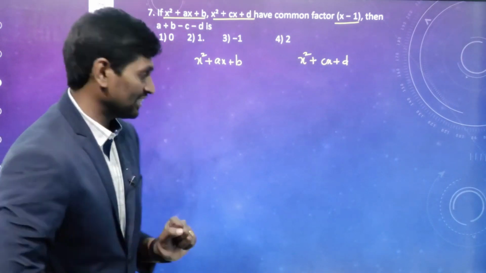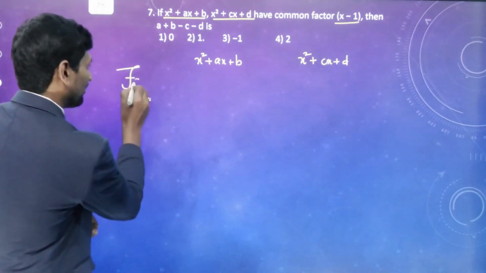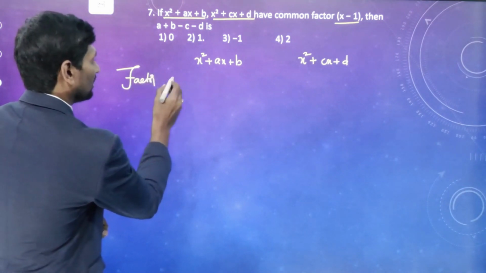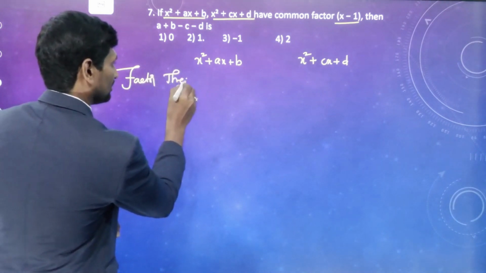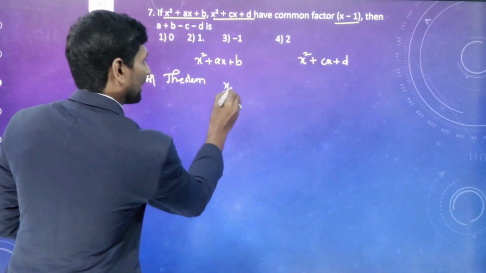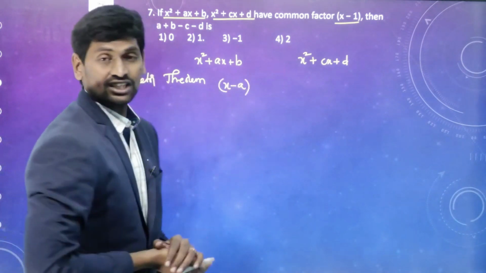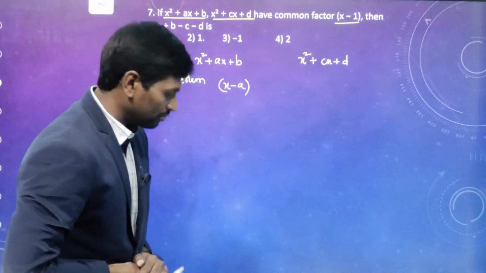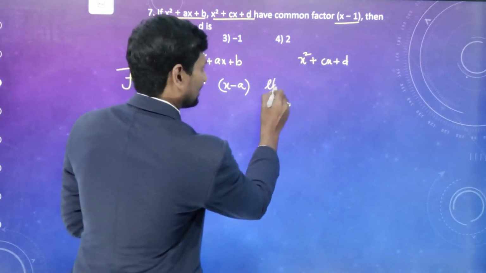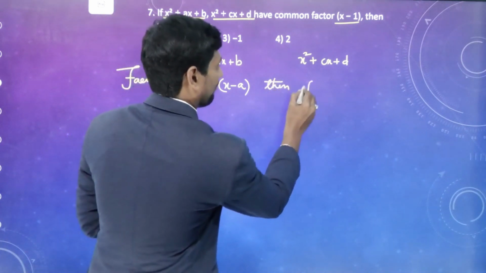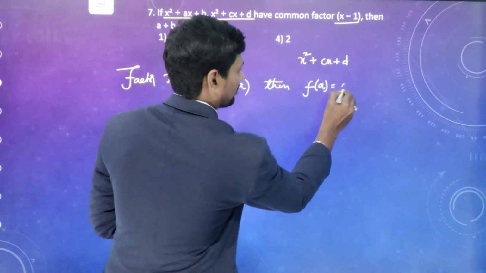According to the factor theorem, what is the factor theorem? If x minus a is a factor of a given polynomial, then f of a equals 0.